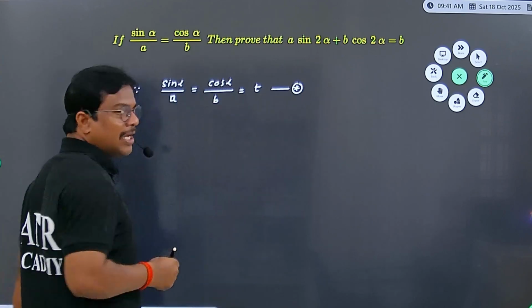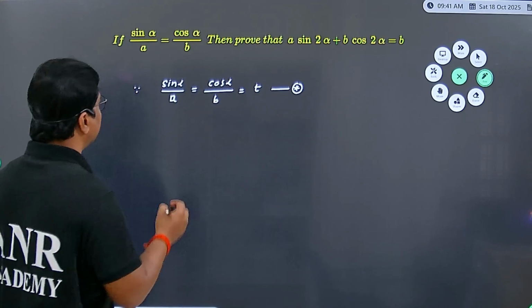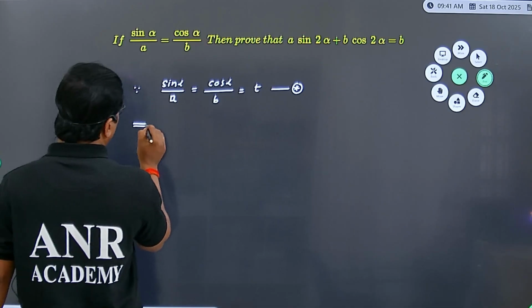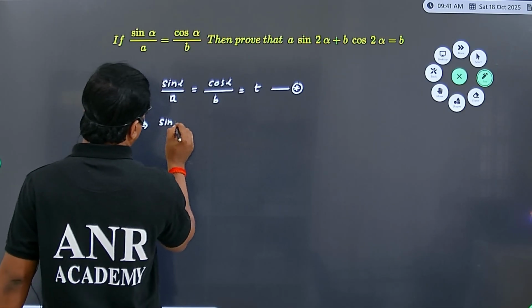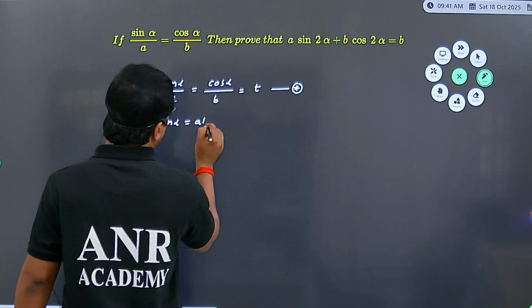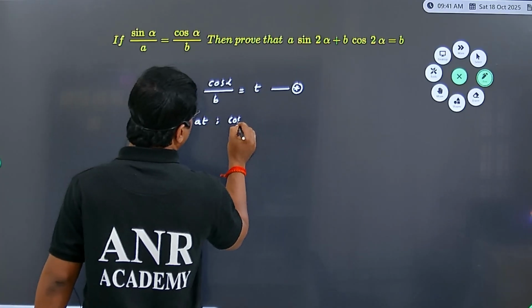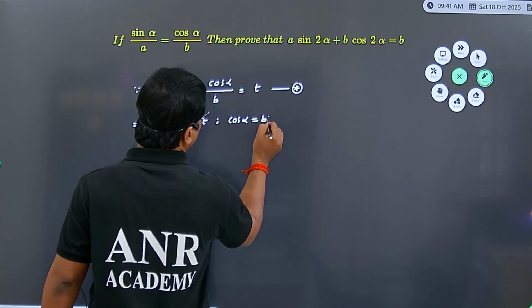These two ratios are equal to one value, suppose that is t.